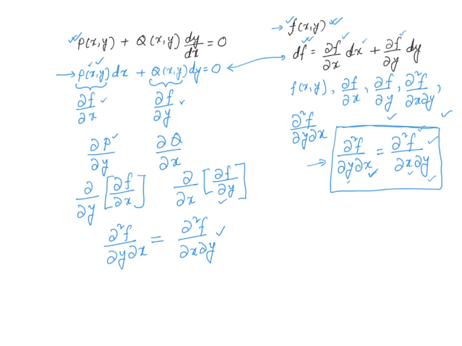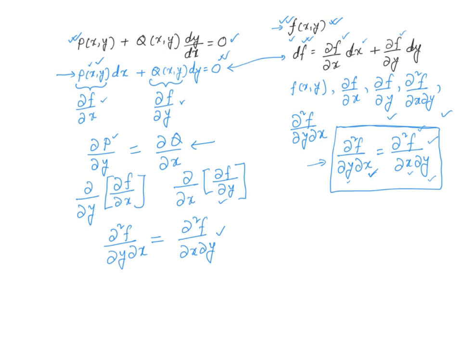Now, what does this mean in terms of our differential equation in this format: P of x,y dx plus Q of x,y dy is equal to 0? For this equation to have f of x,y as a solution, it must be the case that del P over del y is equal to del Q over del x. This is the most important condition to ensure that there is a function f of x,y that would be a solution to this differential equation.